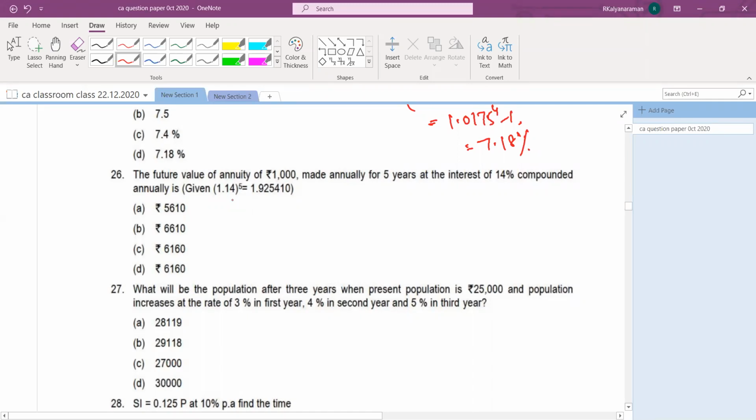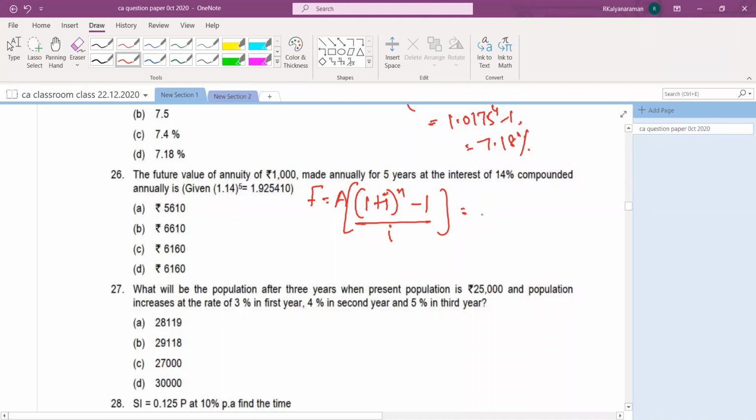You know what our formula for future value is? Future value is A into (1 plus i) the whole power n minus 1, by i. This is the formula for the future value of an annuity.